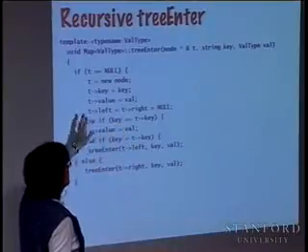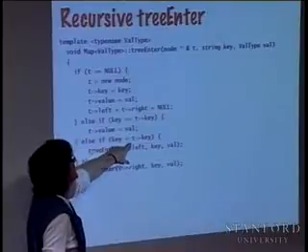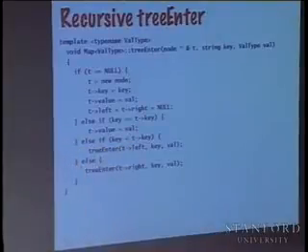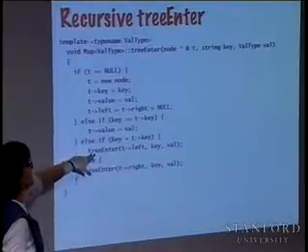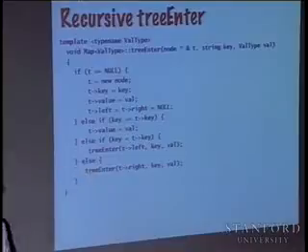So if it matches, we're done. Otherwise, we decide whether we need to go left or right. Based on the key we are attempting to insert and the current node's value, it will go in the left or the right subtree, in which case we make exactly one recursive call, either to the left or the right, depending on the relationship of key to the current key's value.